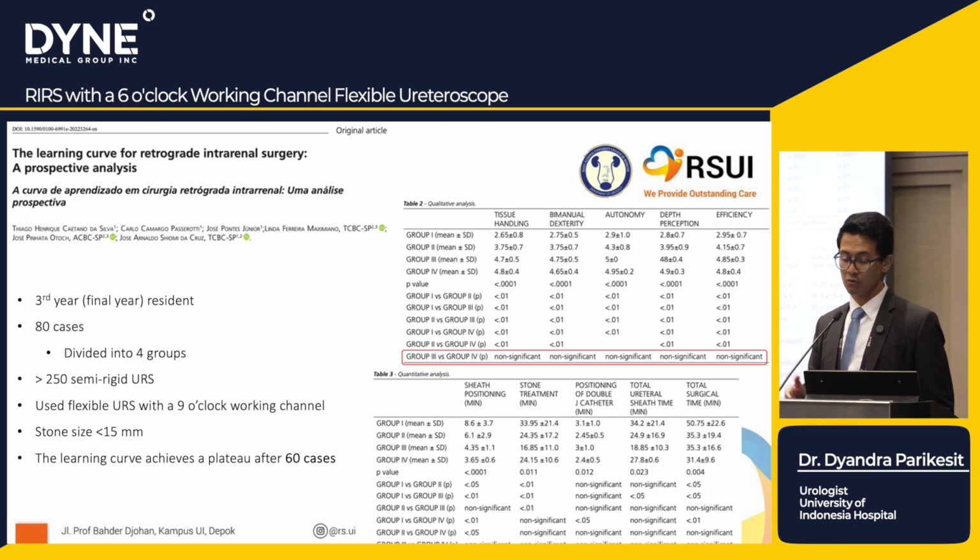They had third-year or final-year residents do the cases. These residents had experience of over 250 semi-rigids, so they wanted to see how they would perform if given a flexible scope, with different channels, obviously.